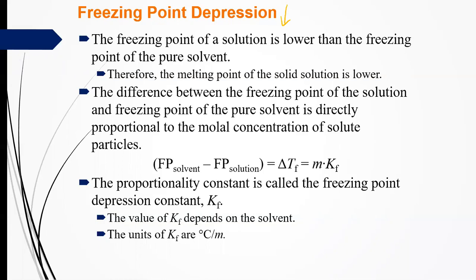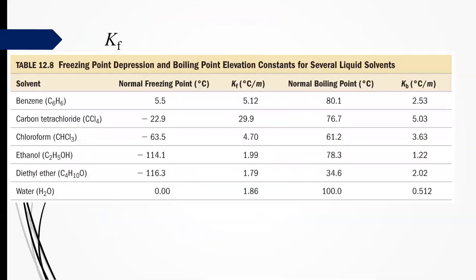So the difference between the freezing point and the freezing point of the solution can be found using this formula here. Delta TF is equal to your molality times KF. Now KF is not something you memorize. KF is a constant that gets given for that solvent, and these are examples of them.